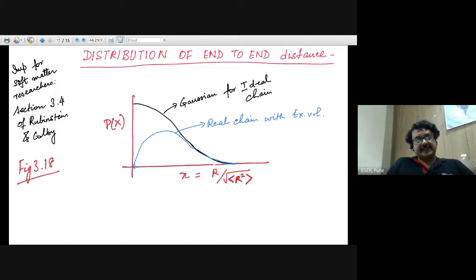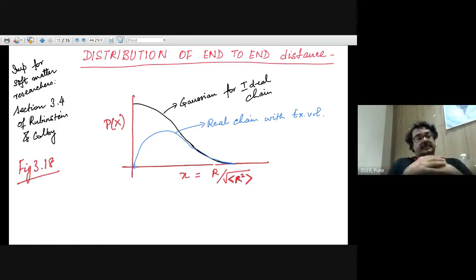Okay, so this is what I have to say. This gives at least some introduction to real chains and excluded volume. We have already talked about semi-flexible chains when we discussed the Kuhn segment. We started out with the ideal chain, but now slowly we are adding corrections and describing a real polymer chain.